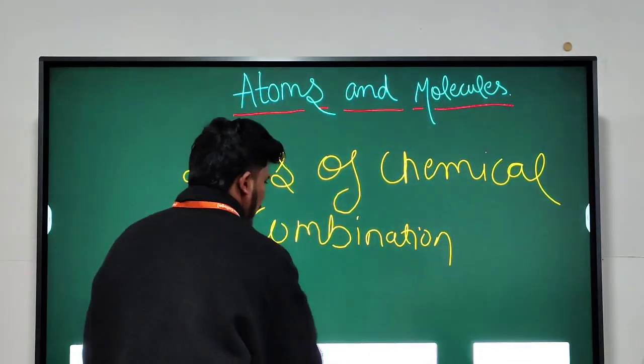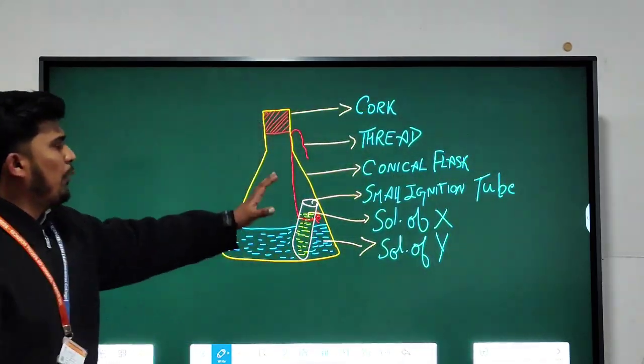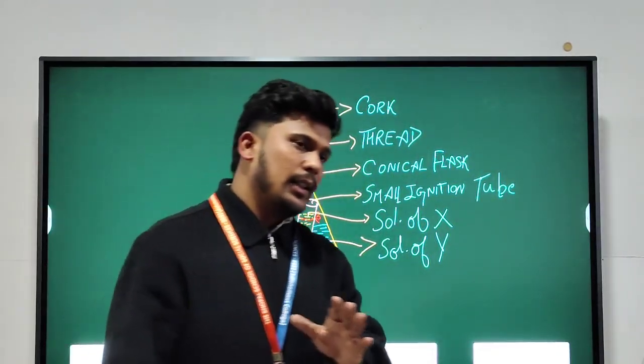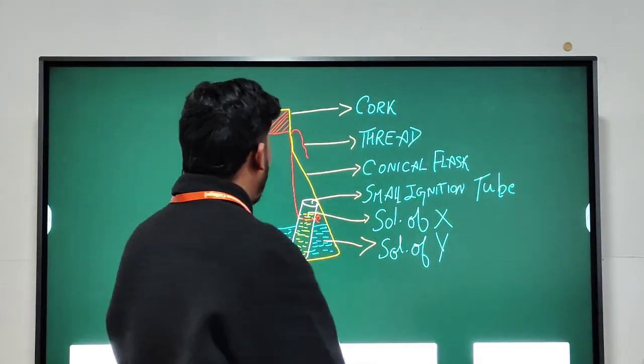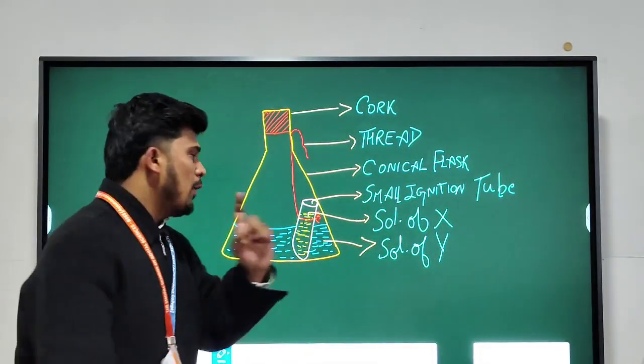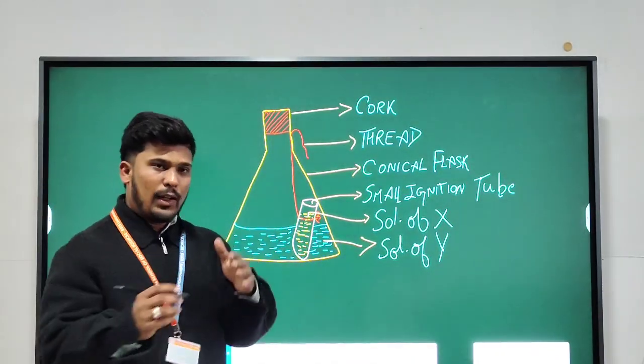Now, let us focus on the activity. We have one conical flask in which we have one small ignition tube, and we have two different solutions. One solution is in the ignition tube and another solution is in the conical flask.